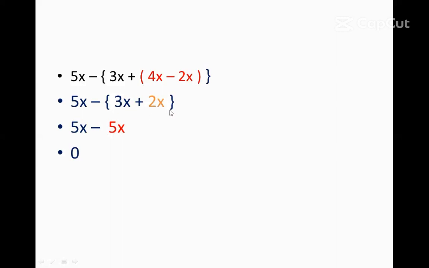Now this bracket, that is called braces, is also removed. Now 5 minus 5 is equal to 0. Now why have we not written x here? Because when we multiply any number, any alphabet, anything with 0, that thing will become 0.